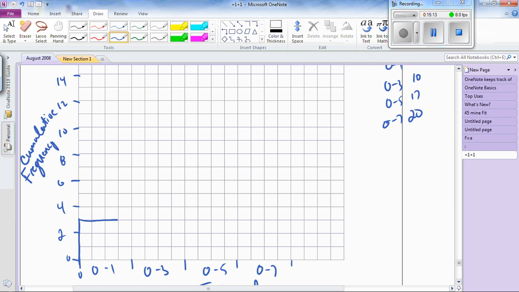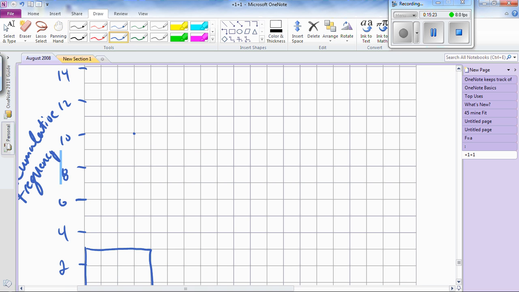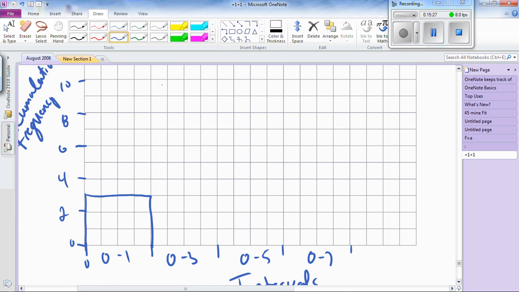We'll use a straight edge. Let's put this at 10. Oops. Every time I touch that straight edge, it gets a little bit crazier.